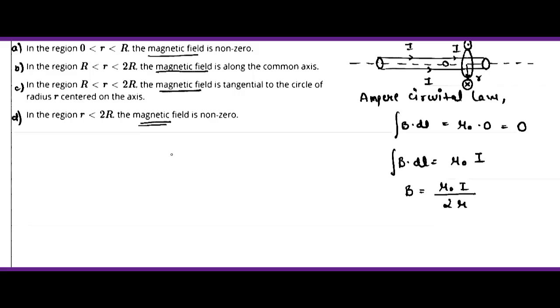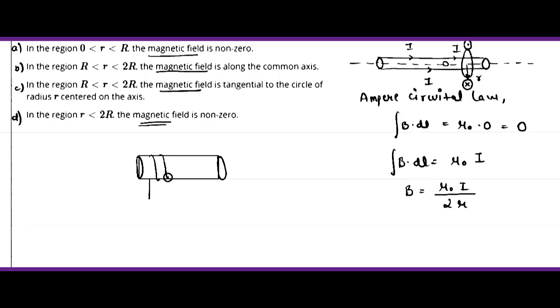Next we have a solenoid. So for a solenoid, basically we have, let's say this is a solenoid on which the wire is wound.